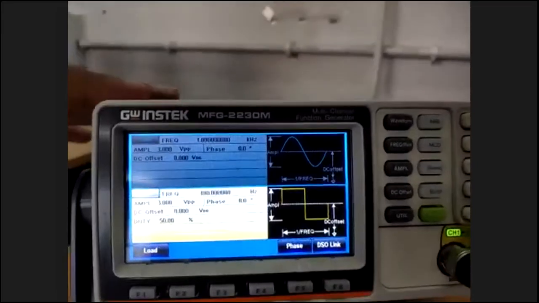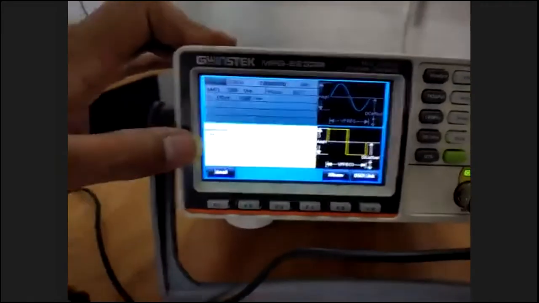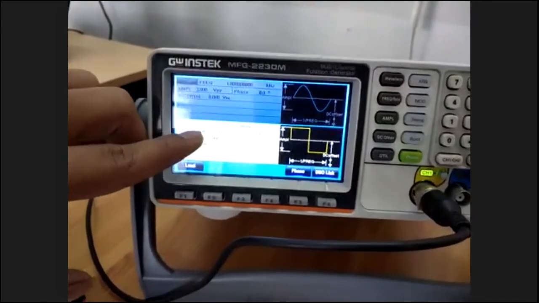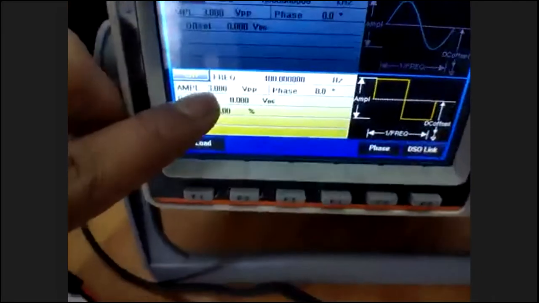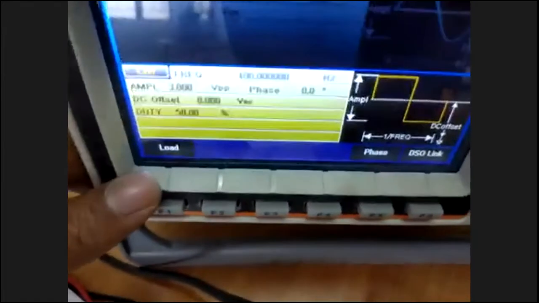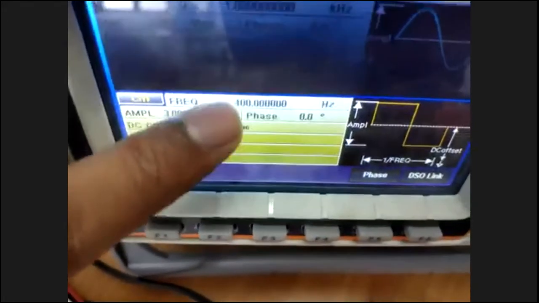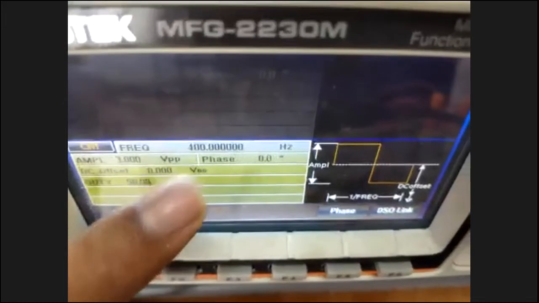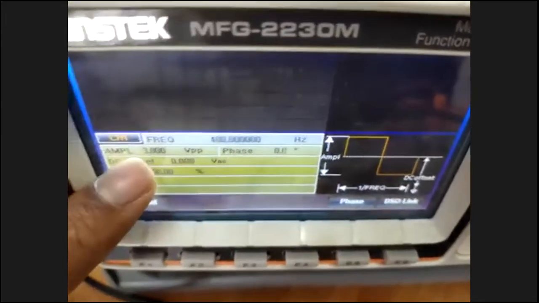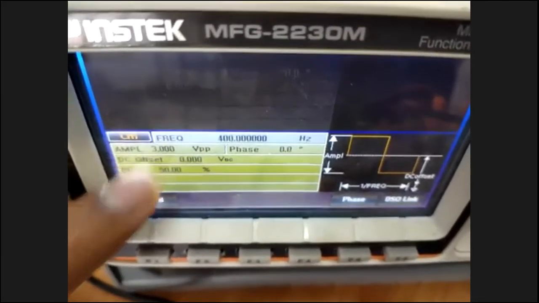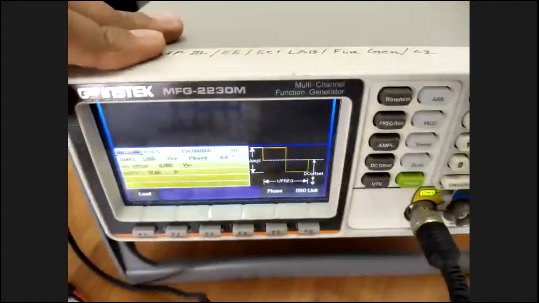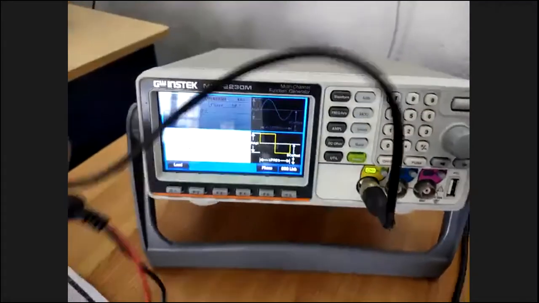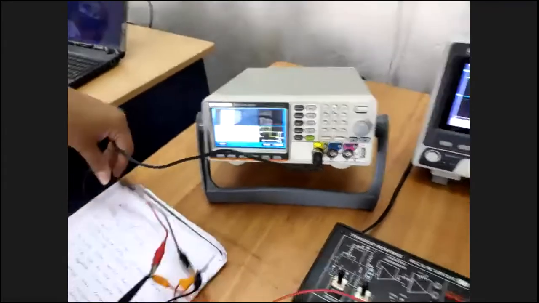On the screen of the function generator, you can clearly see the signal input amplitude is 3 volt, and frequency is 400 hertz. We can manually increase this frequency and amplitude also. So in the input of the circuit, we connect this function generator to generate the step signal.